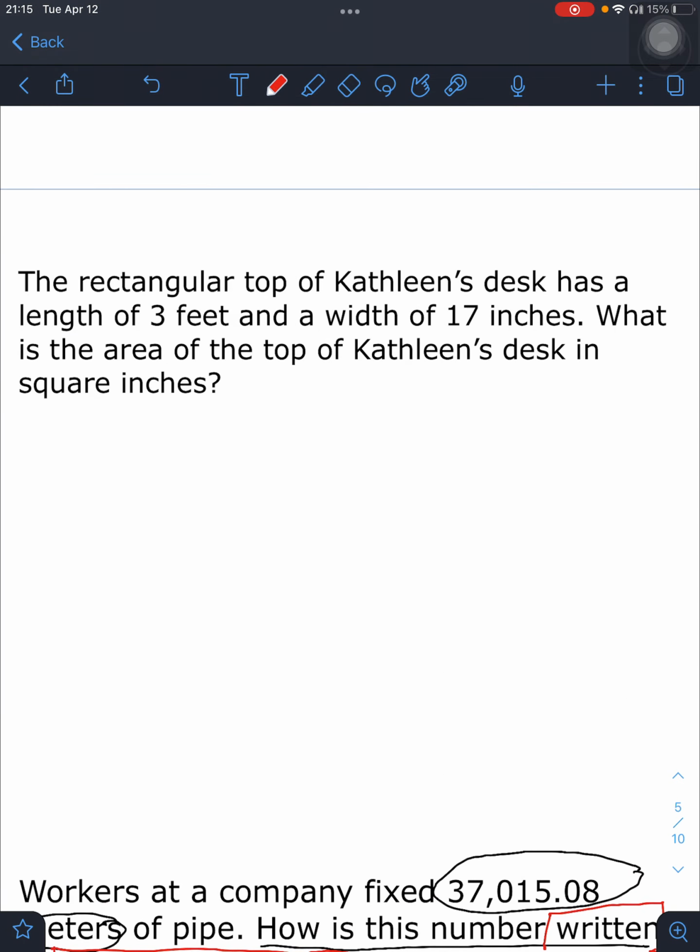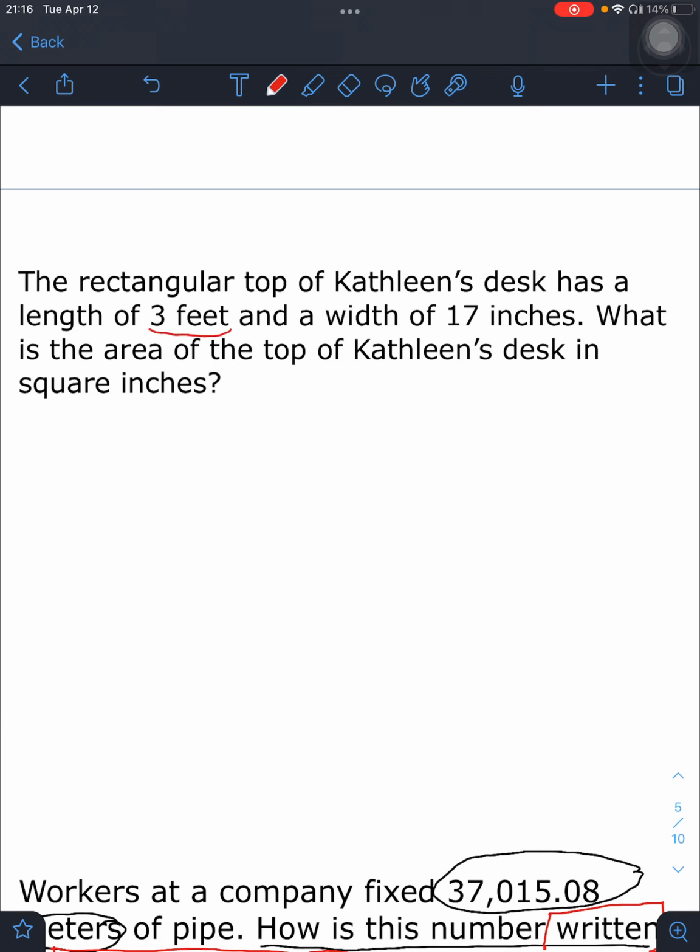As in this example, here's the rectangular top of Caitlin's desk has a length of 3 feet and a width of 17 inches. What is the area of the top of Caitlin's desk in square inches? We have a student's name, Caitlin. There's only one student. So let's start by first circling our important details.